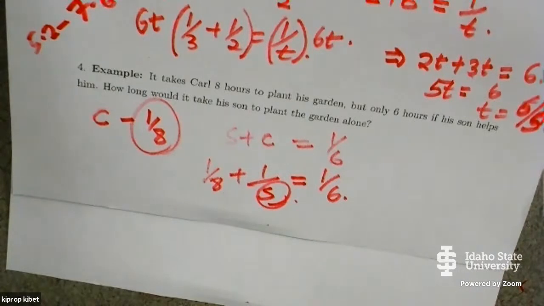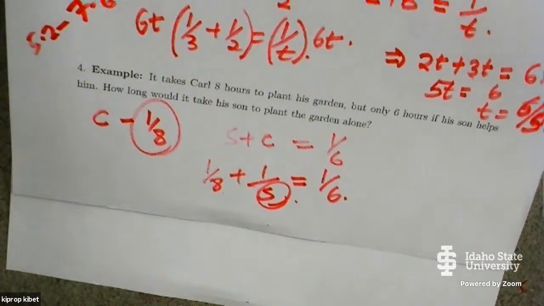If they do it together, in 1 hour they will have done 1/6 of the job. So 1/8 in 1 hour plus 1/s in 1 hour is equal to 1/6 in 1 hour for both of them. Now you add 1 hour for Carl and 1 hour for the son, and it equals 1/6.